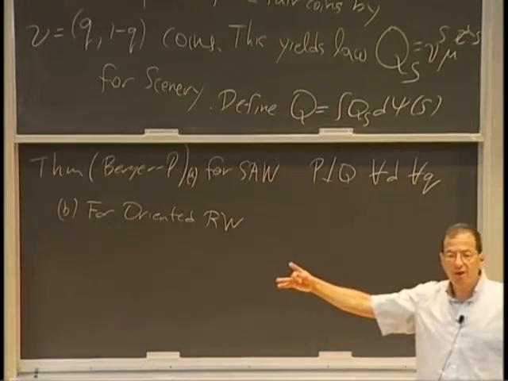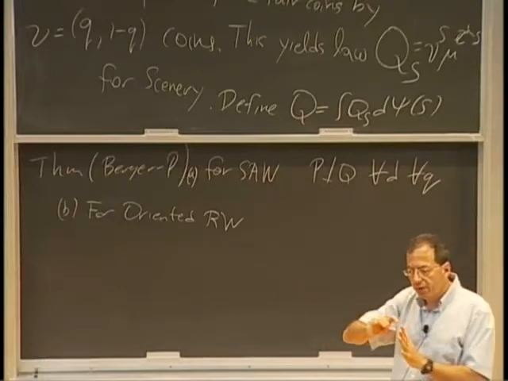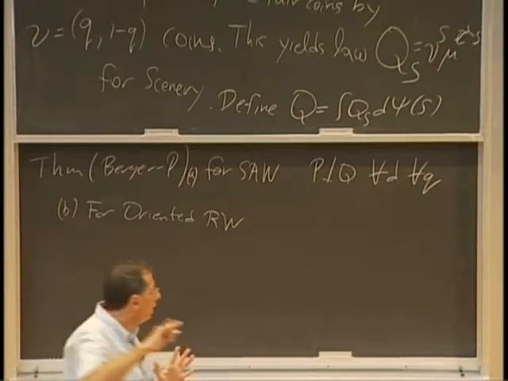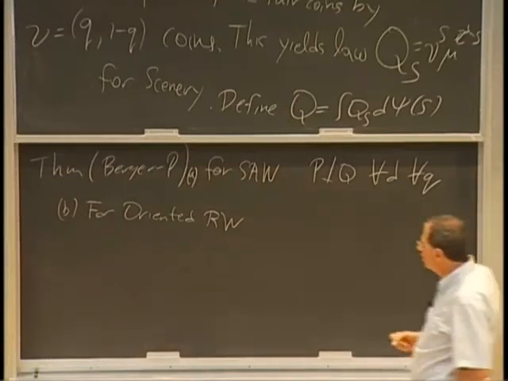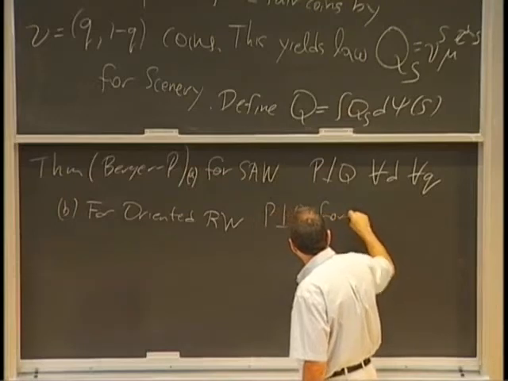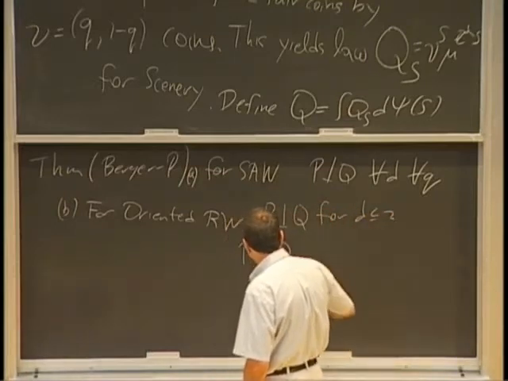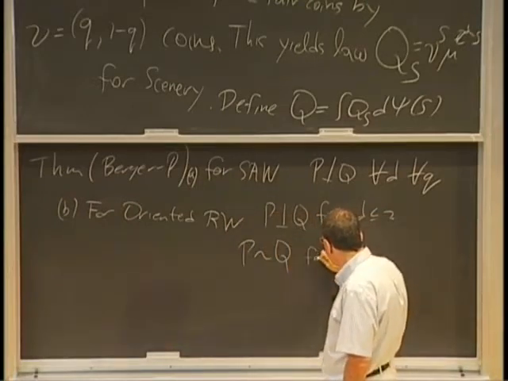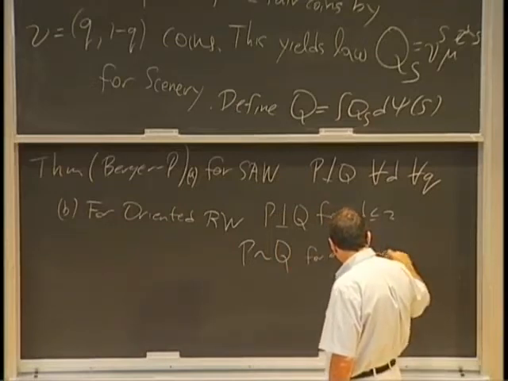Again, in a ball of radius r, we have r to the d points, but the oriented walk only samples r of them. So again, it's trivial that in dimension 2 we get singularity, but in fact for oriented random walk, we have singularity for d at most 3, while we have absolute continuity for d at least 4 and some q.